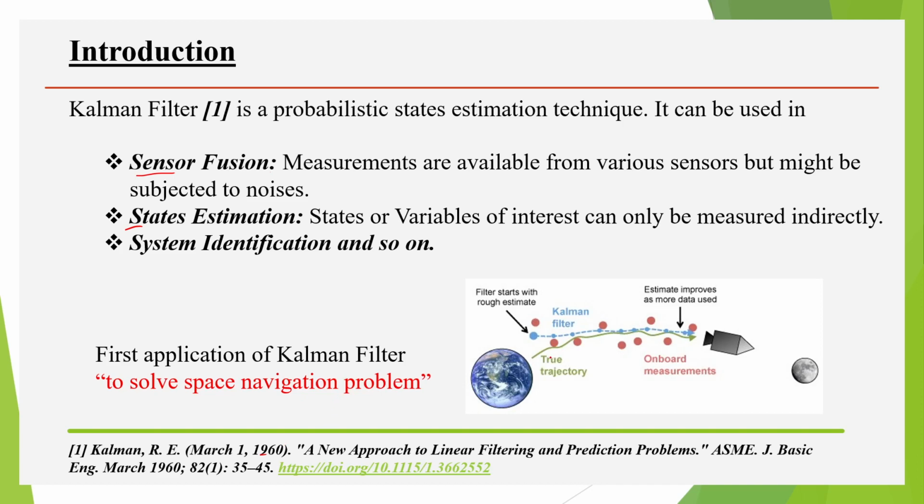So you can imagine that if you use onboard sensors to compute the location of a spacecraft, there is so much noise, so it's not easy to localize the spacecraft in the space frame. So Kalman filter was introduced to filter out the noise. Let's say this is the true trajectory, but what we have measured is very random around the true trajectory. Kalman filter is used to estimate a trajectory that is close to the true one.